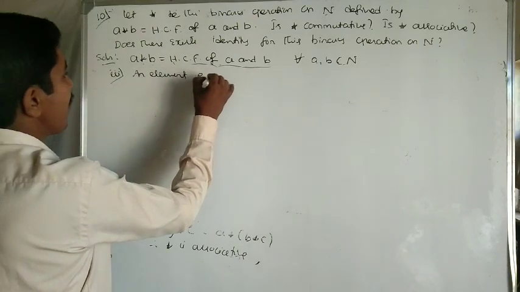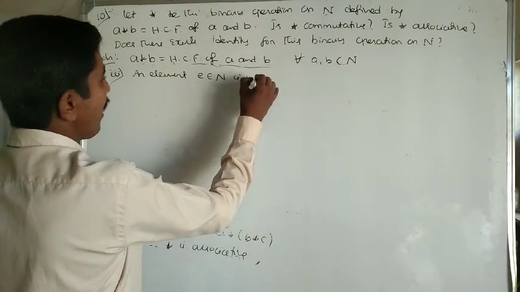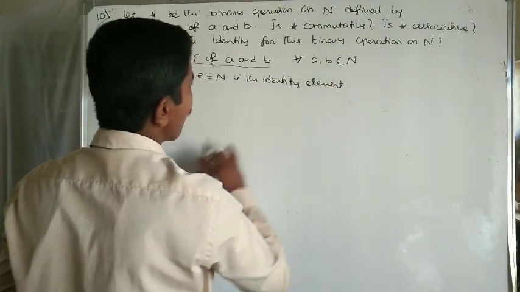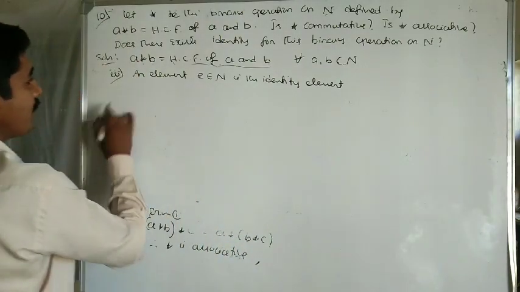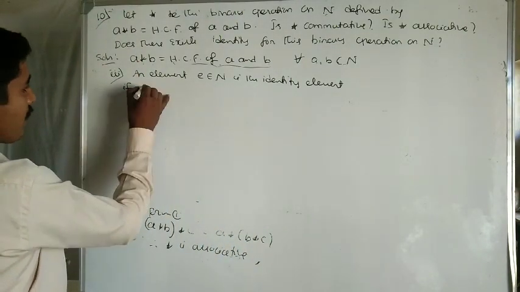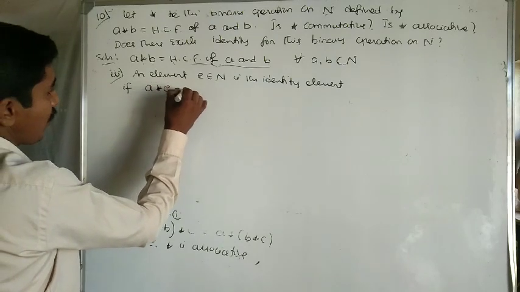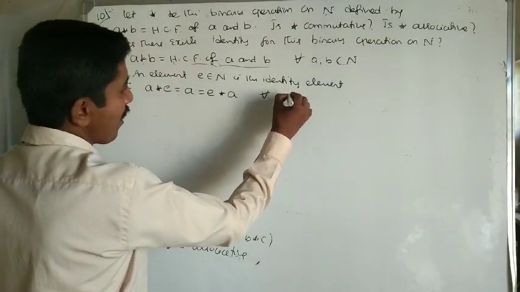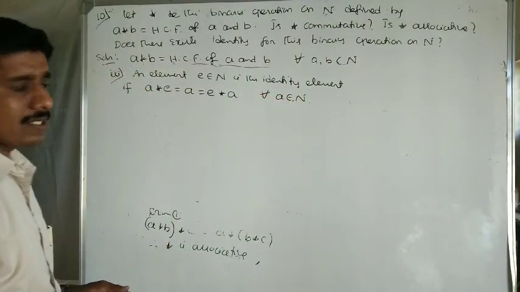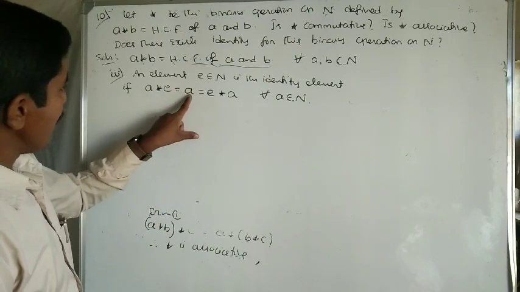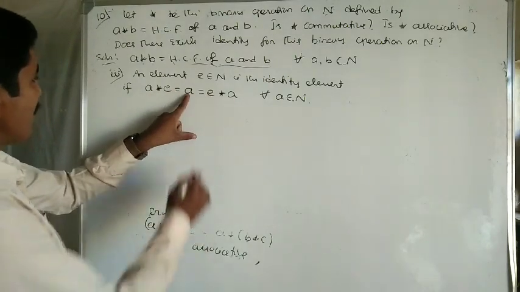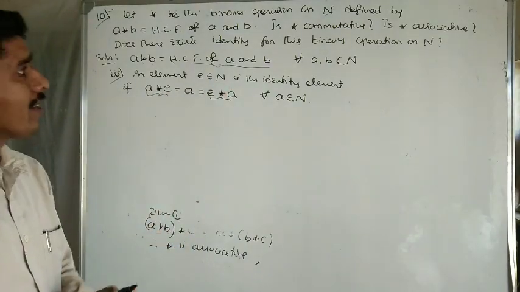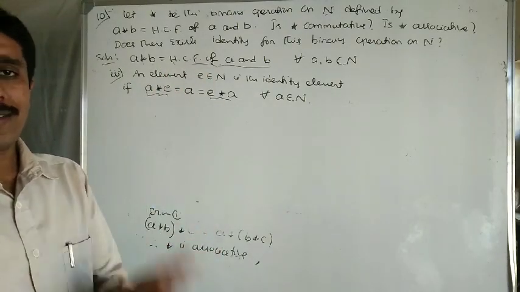An element e belonging to N is called the identity element for the operation star if a star e equals a equals e star a for all a belonging to N. Mind it, a star e equals a and e star a equals a means we say that e is called the identity element. This is the definition. Here we have to verify whether an identity element exists or not.